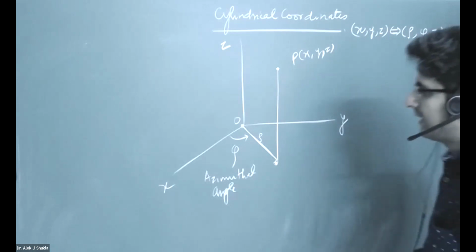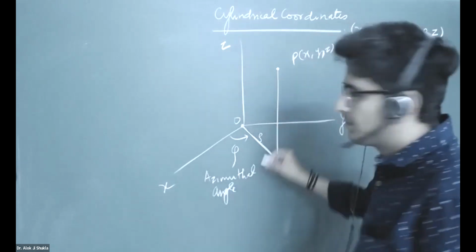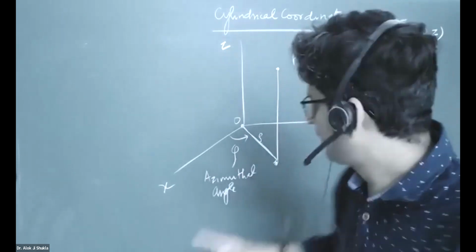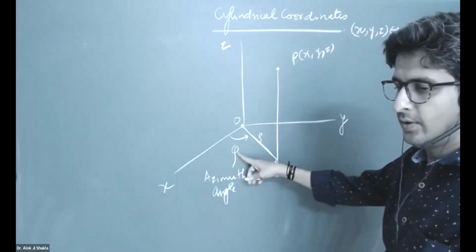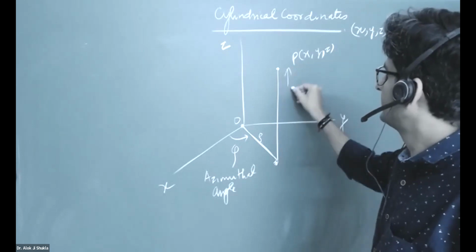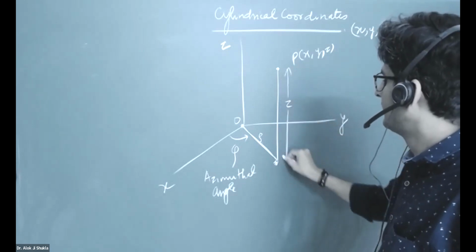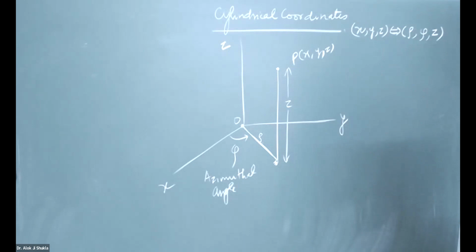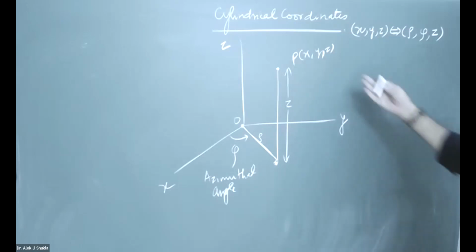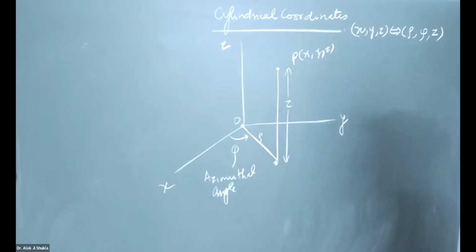और मैंने बताया था कि जो यूनिट वेक्टर्स होते हैं, तो देख लो, rho हो गया, phi हो गया, और ये जो हाइट है सेम z, जो पहले z था, ये हो गया तुम्हारा सिलिंड्रिकल कोऑर्डिनेट. This is known as cylindrical. So can you see the conversion between this?